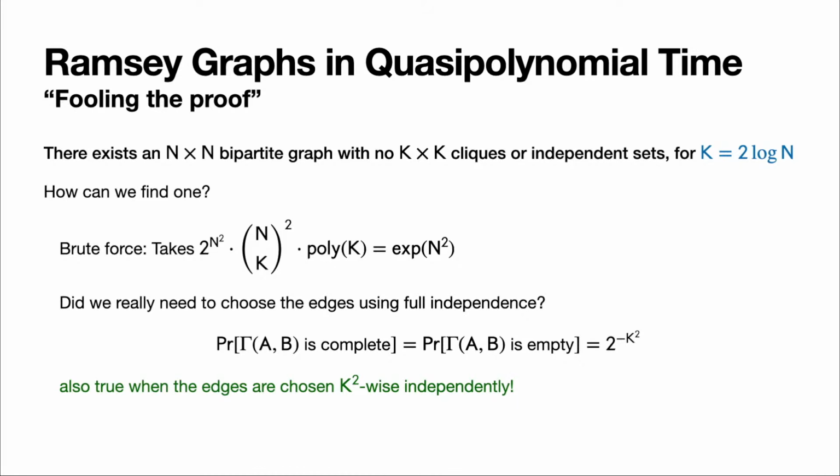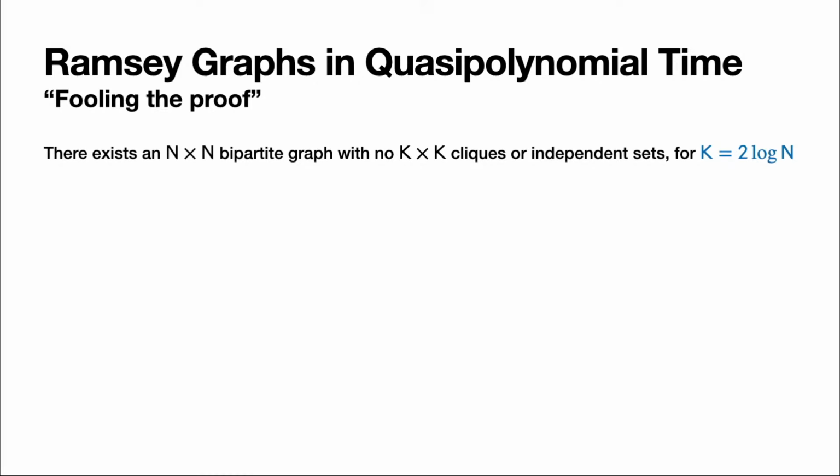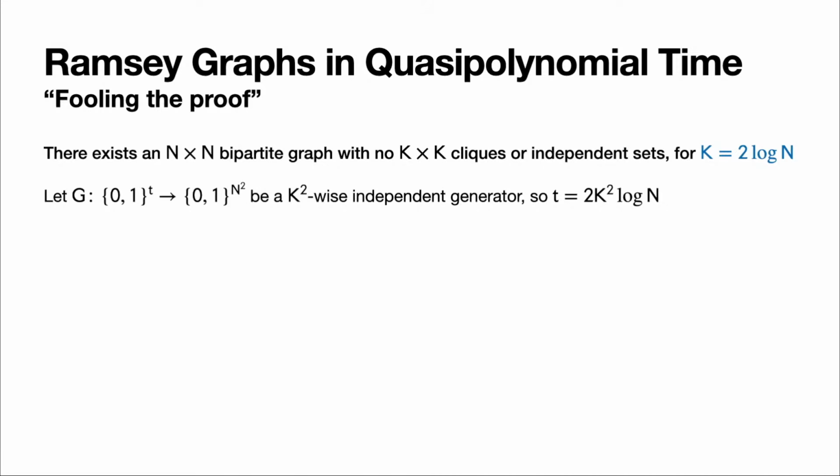And that's the only place we used randomness in the proof. So how about not choosing them at random? Let's choose them with bounded independence. So let's take a k squared wise independence generator that gives us the edge indicators, so it's n squared. Okay, so remember that the seed length is like k squared, the wise independence, times log of n squared, which is 2 log n. This is t.